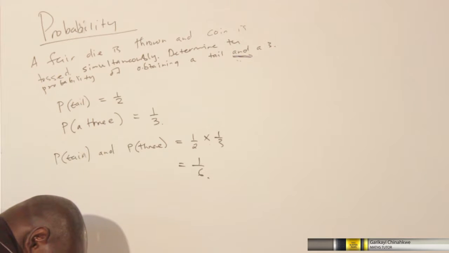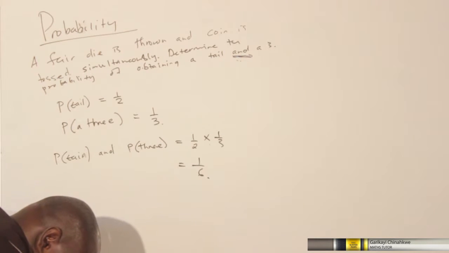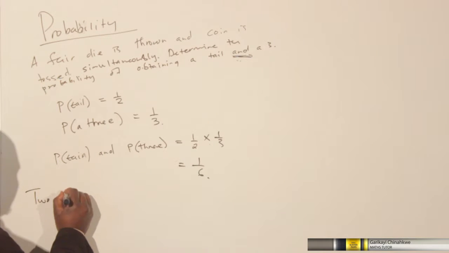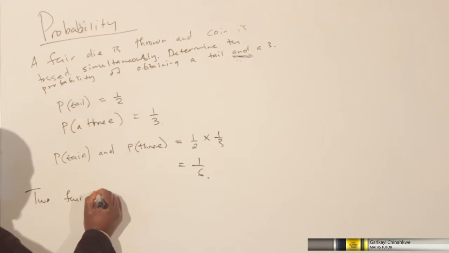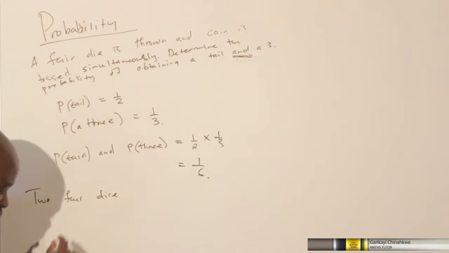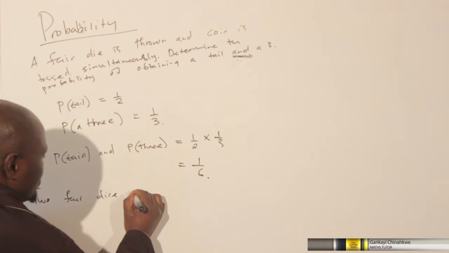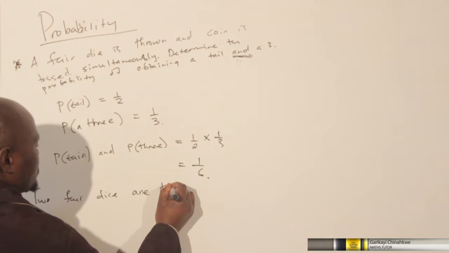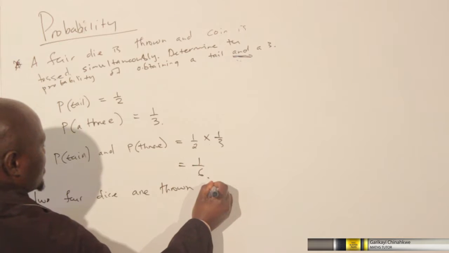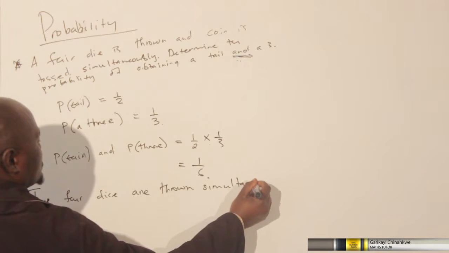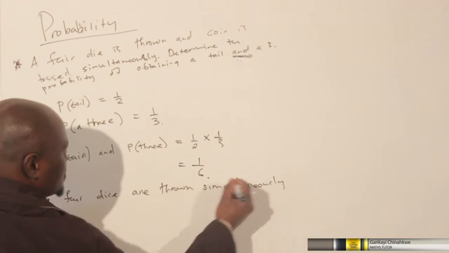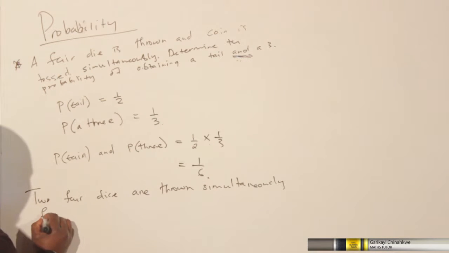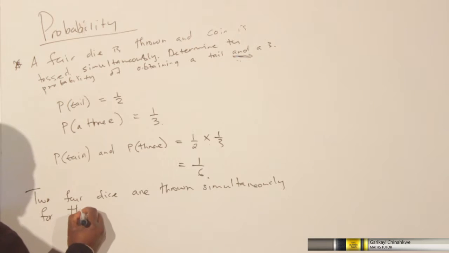Two fair dice are thrown simultaneously, 3 times.